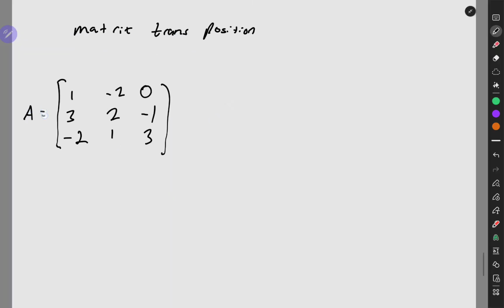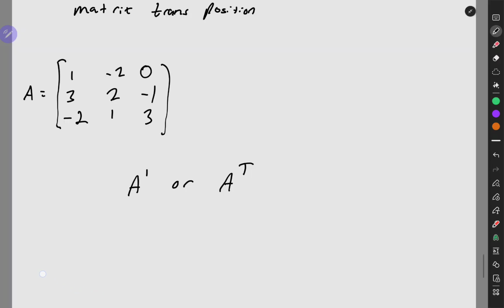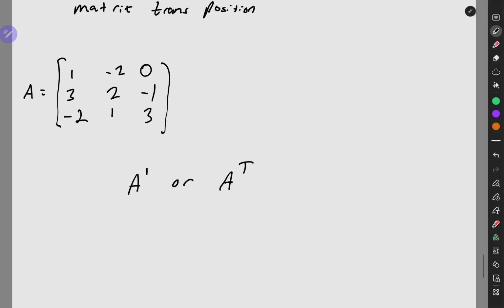So this is A. Typically you'll see it written as either A prime or A with a T here. If you're familiar with MATLAB, prime is used in MATLAB, not for inverse, for transposing a matrix.